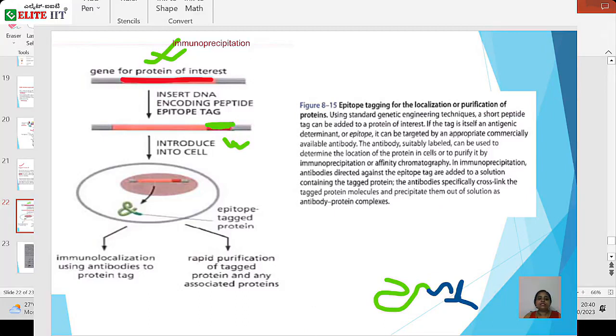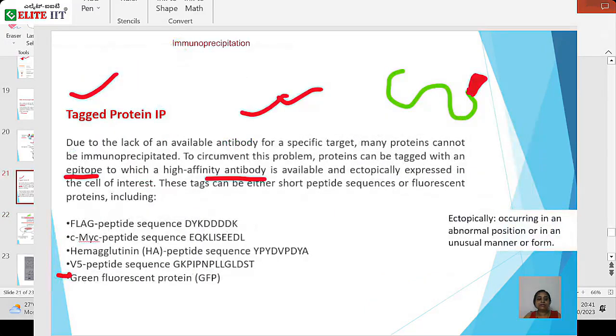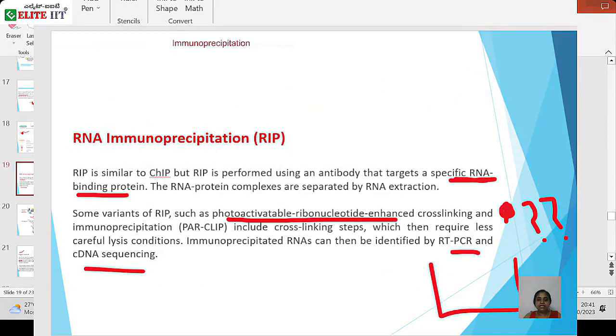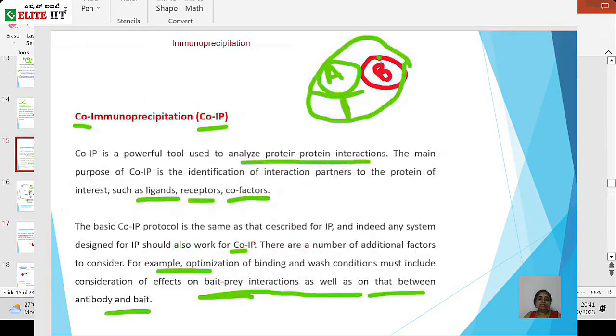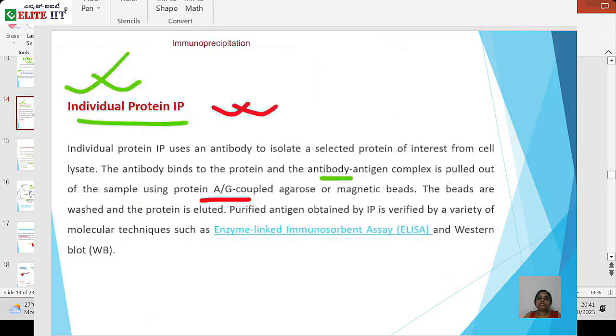So we have discussed a few methods related to immunoprecipitation. First, tagged protein immunoprecipitation, then RIP, the RNA immunoprecipitation. Before that, ChIP, DNA precipitation. Then co-immunoprecipitation, and normal individual protein immunoprecipitation.